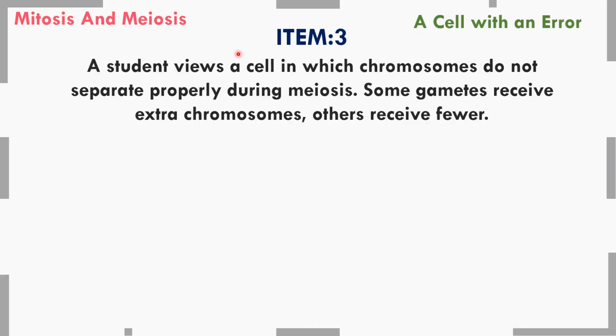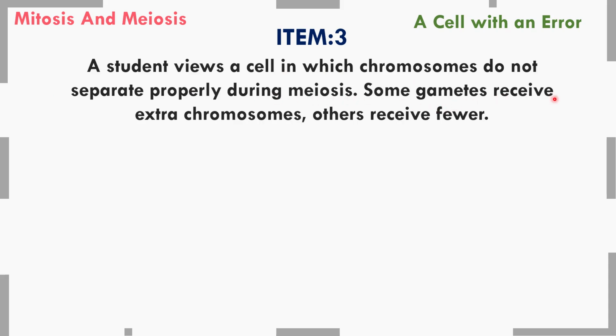Now let us look at a cell with an error, still under mitosis and meiosis. Item 3. A student views a cell in which chromosomes do not separate properly during meiosis.